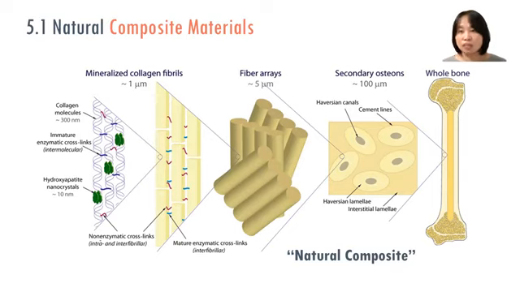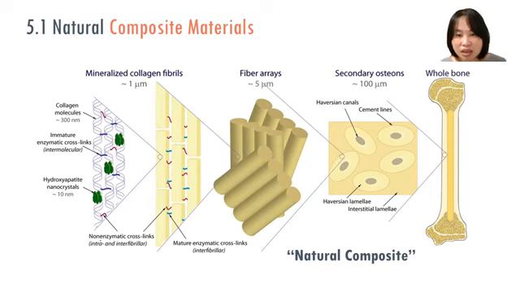Strong, but light also. If we look at the whole bone on the right-hand side, and we zoom in to the secondary osteons at the 100 micrometer level, we can see it's already looking like a composite, right?